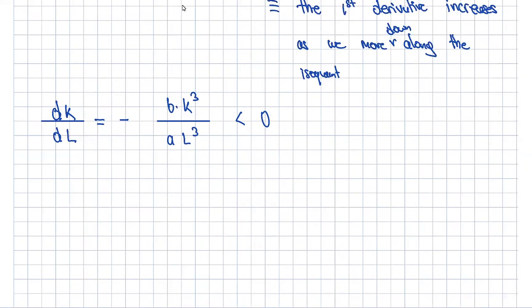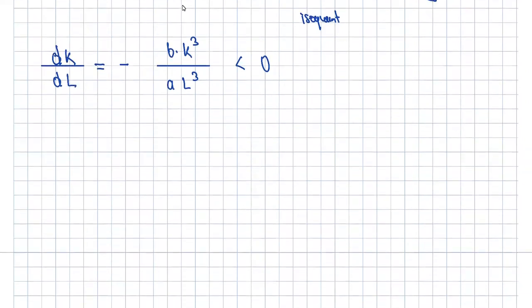So like I said, we're trying to figure out how the first derivative is changing as we move along the horizontal axis in this graph of the isoquant. Yeah, excellent. So let's draw a graph of the isoquant. If I put K here, if I put L here, we know that it's decreasing, right?